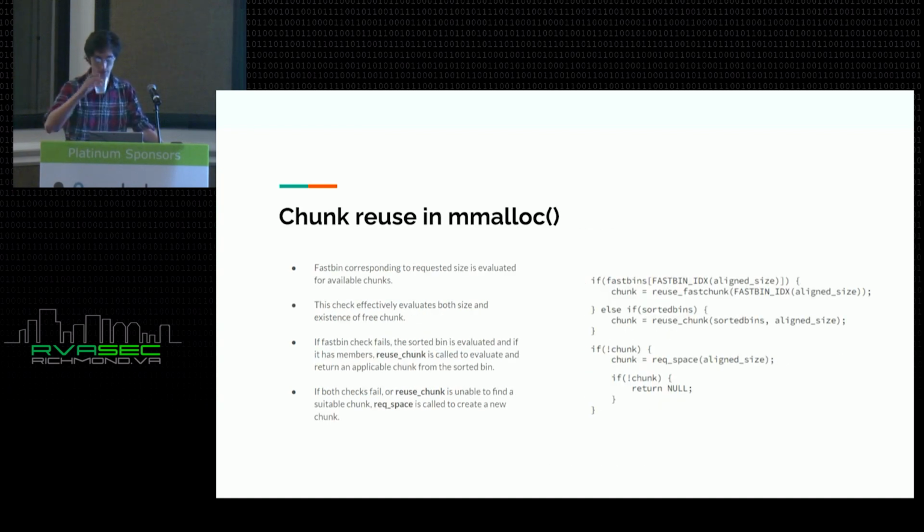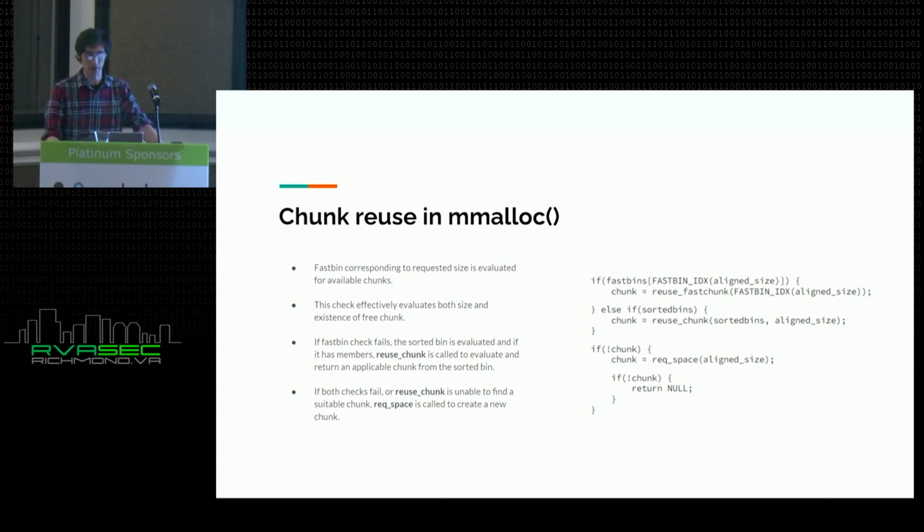All right. So chunk reuse in malloc. Essentially, the fastbin corresponding to the size is evaluated for available chunks. It looks only in the fastbin that corresponds with that size. If nothing exists there, then nothing's returned. If something does exist there, it returns an available chunk.